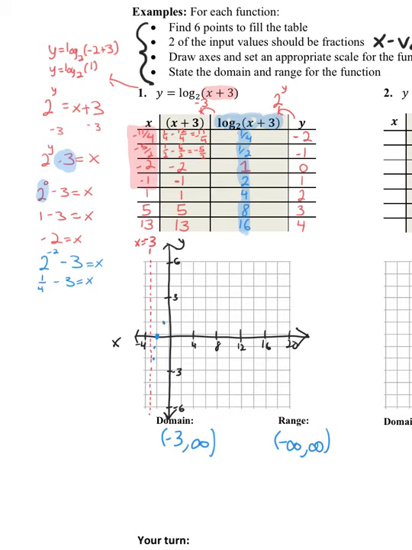And then I have 1, comma, 2. So that's going to be over here. And then I have 5, comma, 3. And 13, comma, 4. And then it would just kind of go off the paper from there.